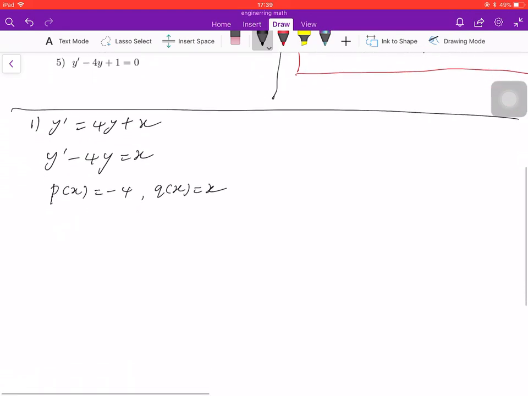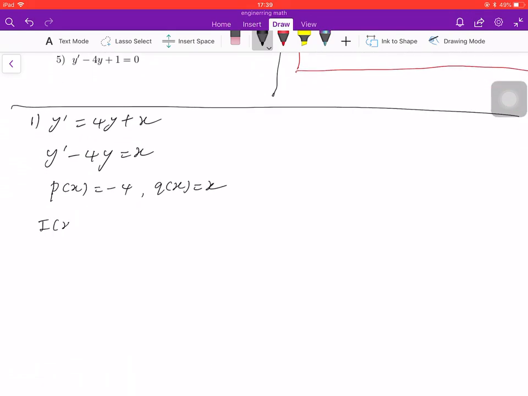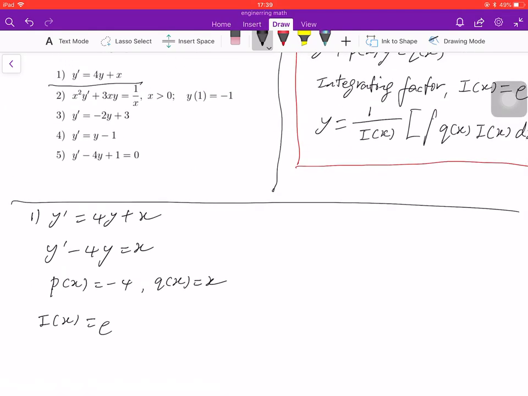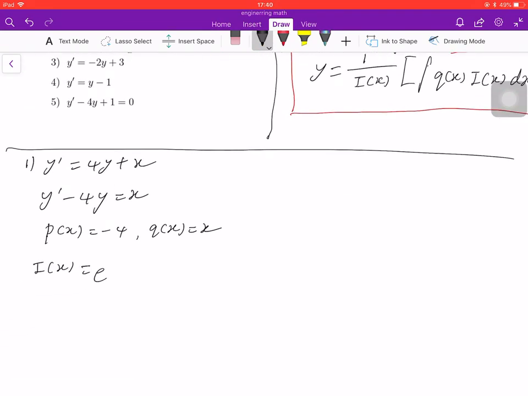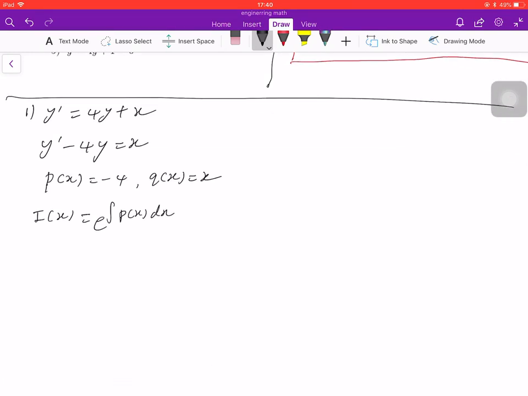Now we find the integrating factor I(x), which is exponential to the power of the integral of p(x) dx. Now we substitute p(x) equal to minus 4, so the integral of minus 4 dx. If you do this integration, then the integrating factor will be exponential of minus 4x. So this is our integrating factor.